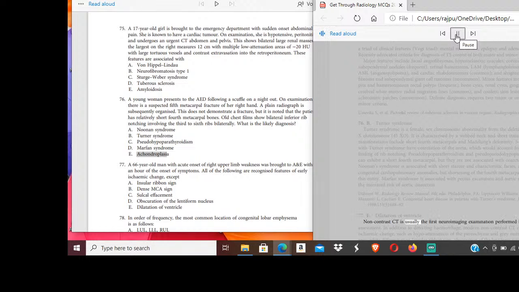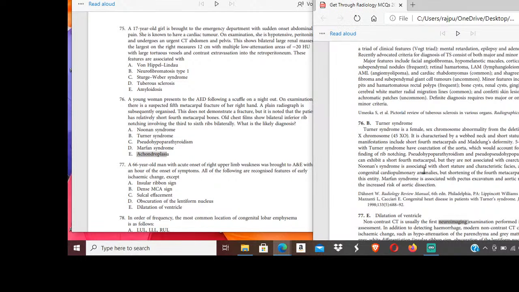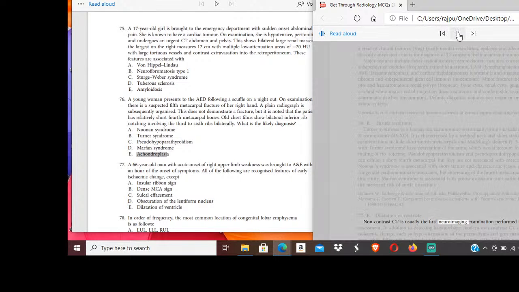77. E. Dilatation of ventricle. Non-contrast CT is usually the first neuroimaging examination performed.